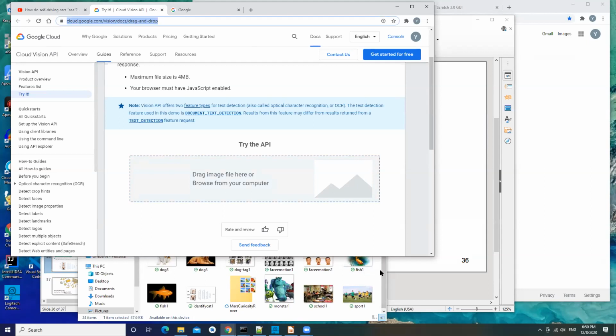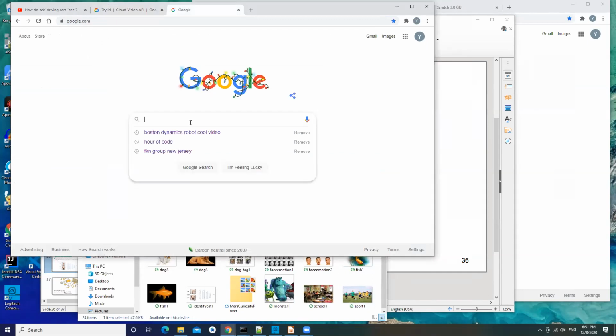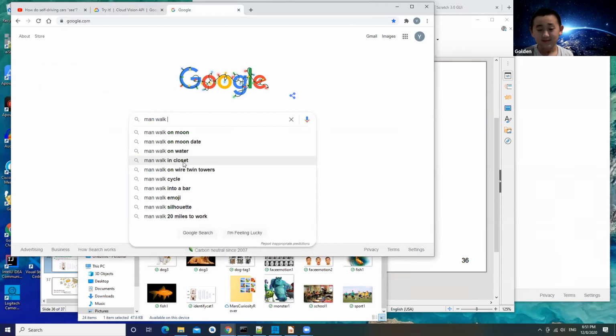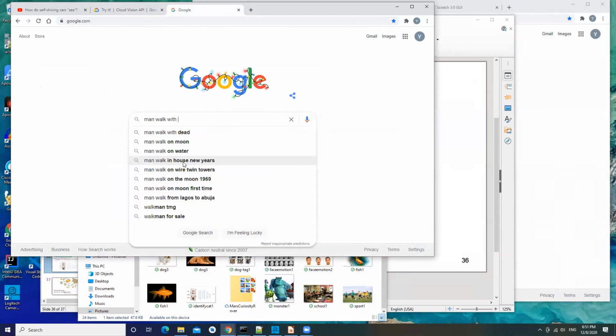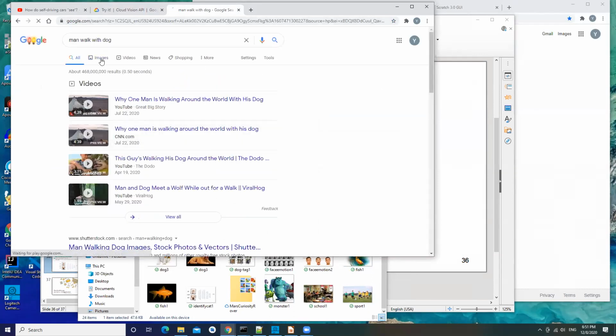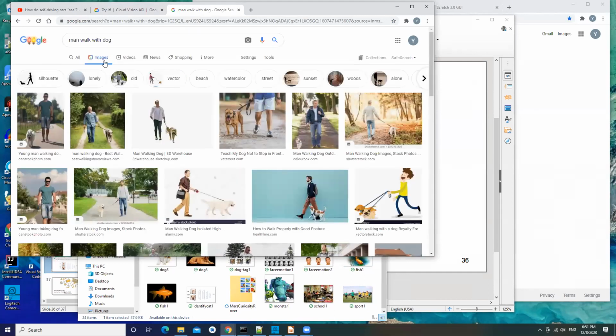Okay, so just in case you don't really know where I get this picture, I show you one more time. Okay, so go to Google and then you can find pictures, right? So let me say, a man walking with a dog. Okay, so this is the question we try to get, right? So you Google and search the image. Okay, so that's very cool.